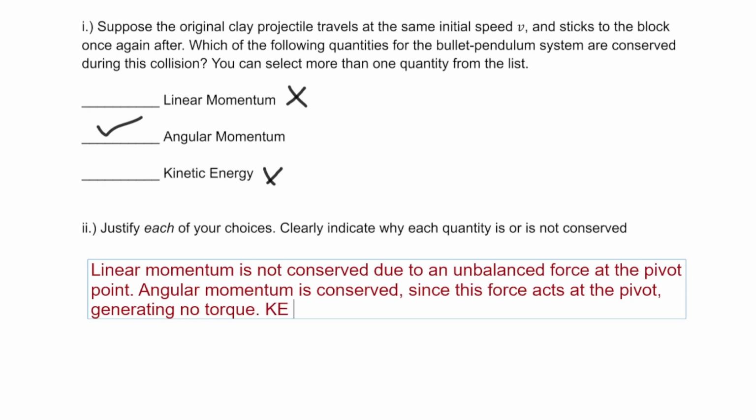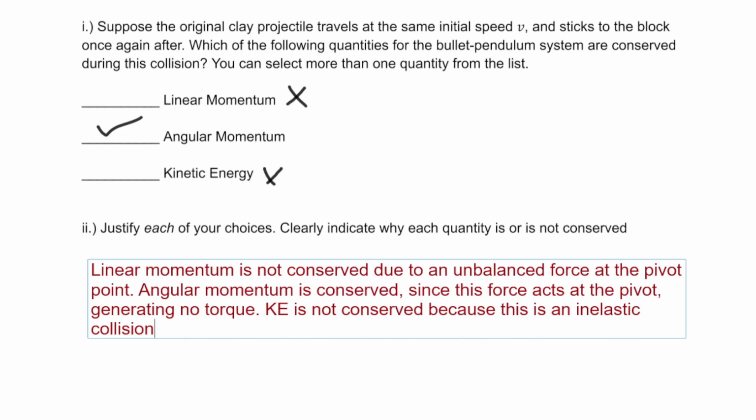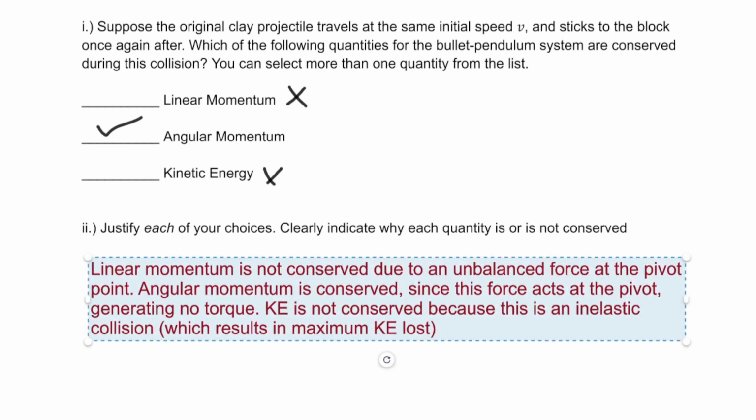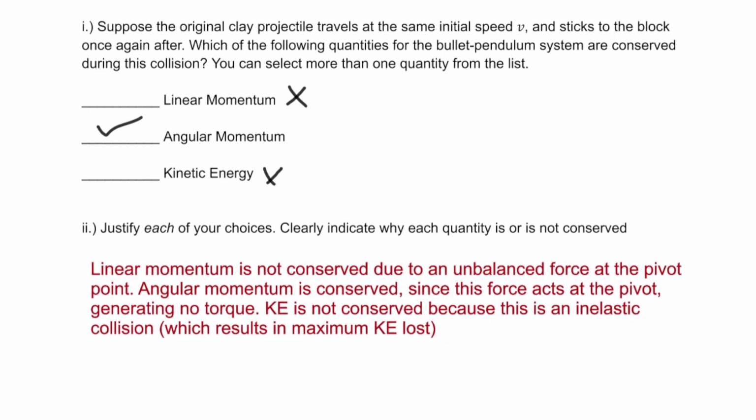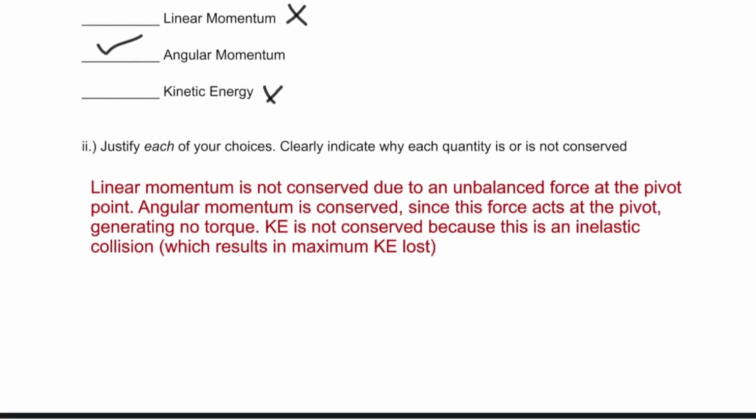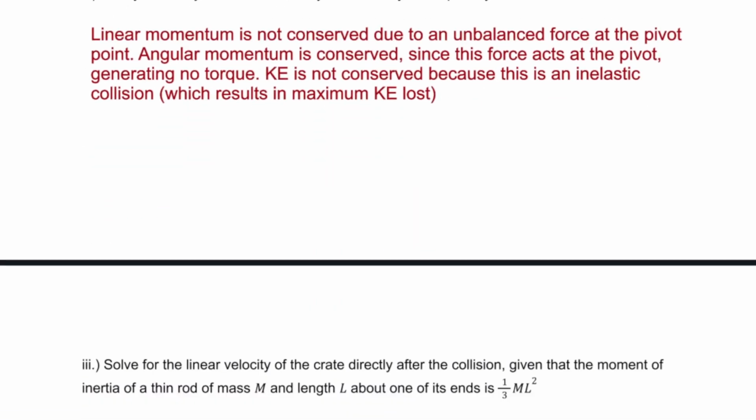And then kinetic energy is not conserved because this is an inelastic collision, which results in maximum KE lost. You could also do an argument where some of the kinetic energy must have gone into actually deforming the clay, which is why this is a result we have access to.